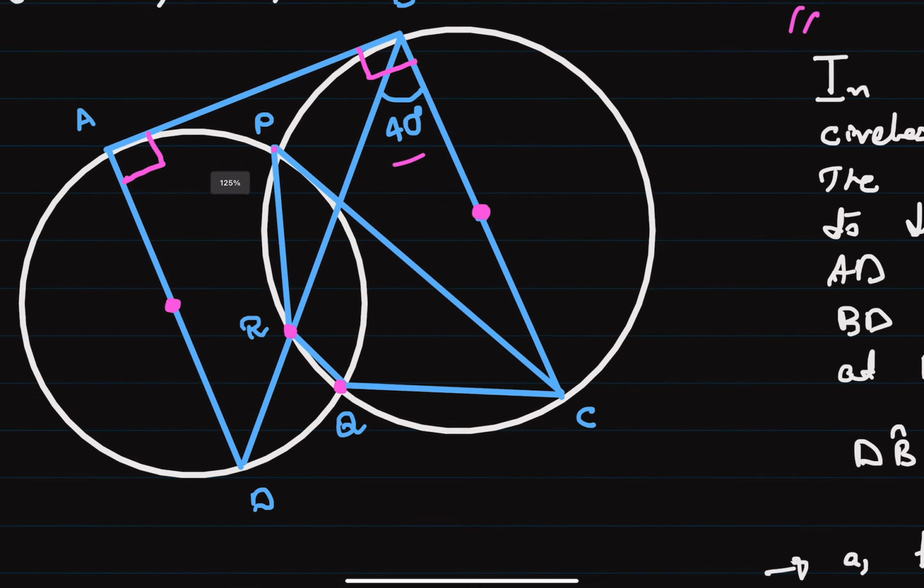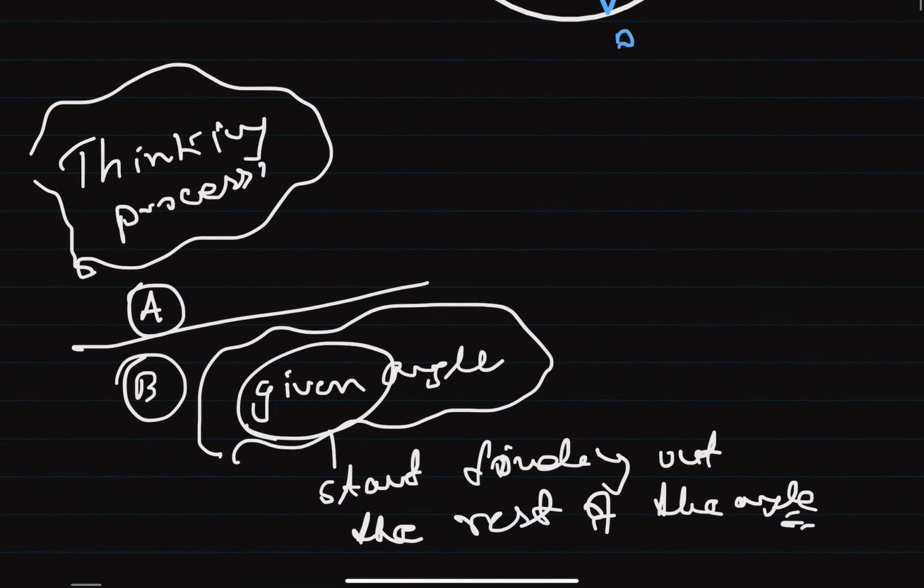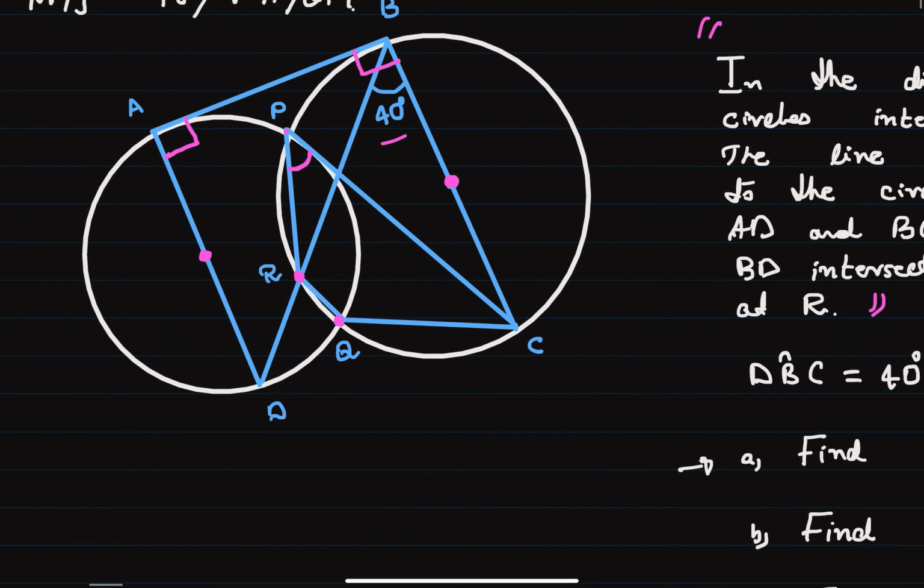CPR is this angle that we need to find out. Now approach A, look at what other angle this is equal to. So this angle that we need to find out is subtended by what arc? Subtended by this arc. This 40 is also subtended by this arc.